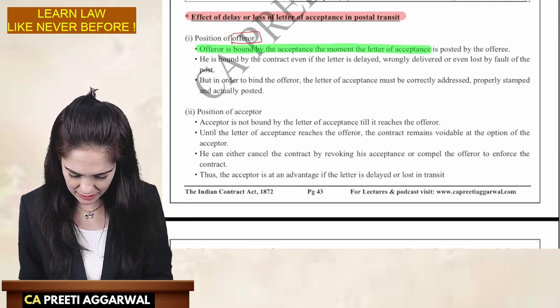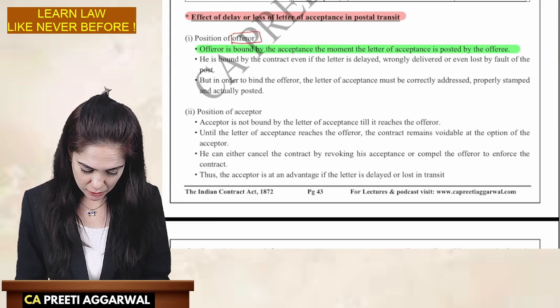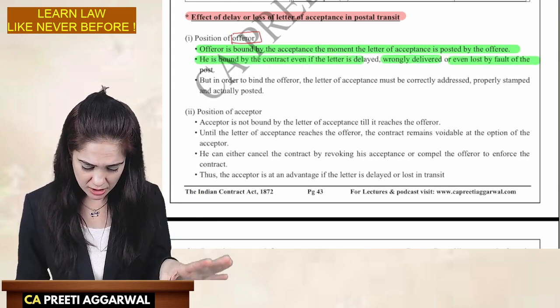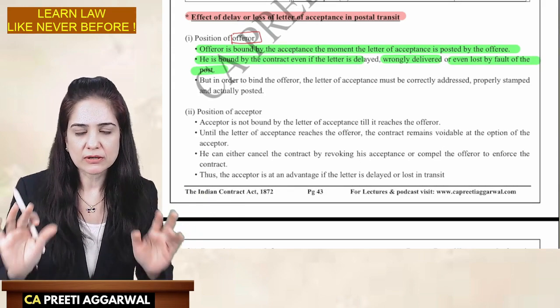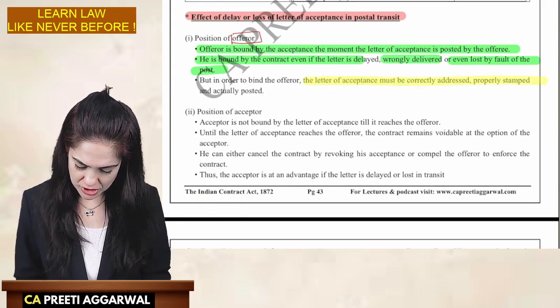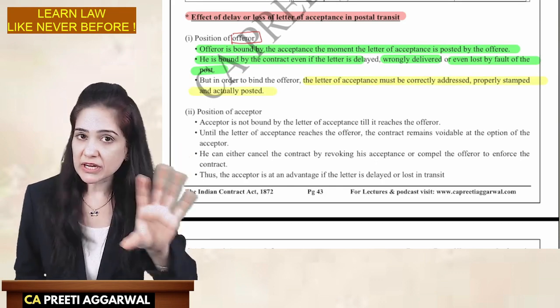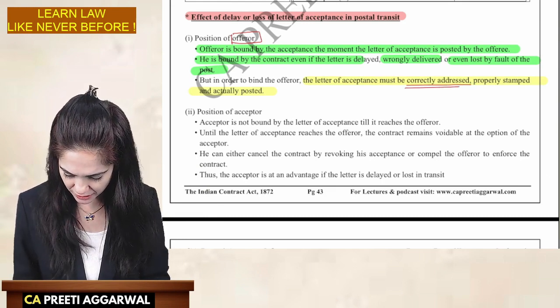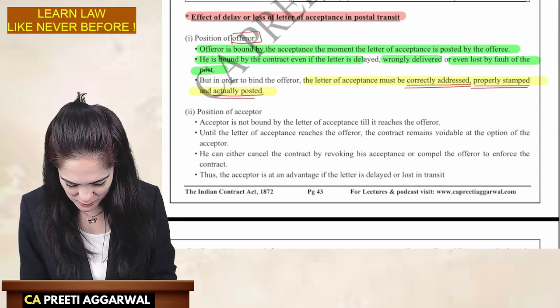The moment the letter of acceptance is posted, he is bound even if the letter is delayed, wrongly delivered, or lost by the fault of the post. But if I want to bind the offerer, we should post the letter properly. So offerer will be bound only when the letter of acceptance is correctly addressed, properly stamped, and actually posted.